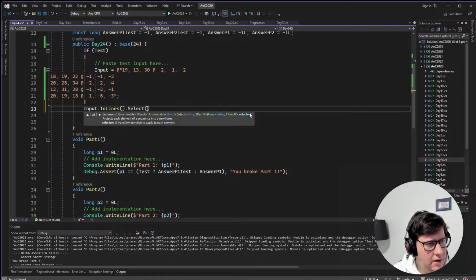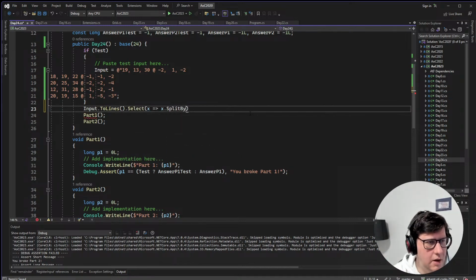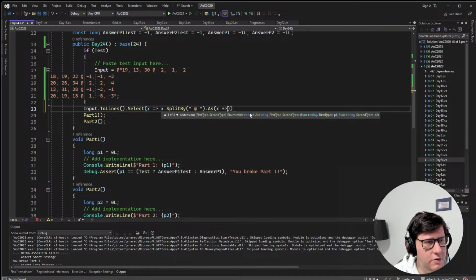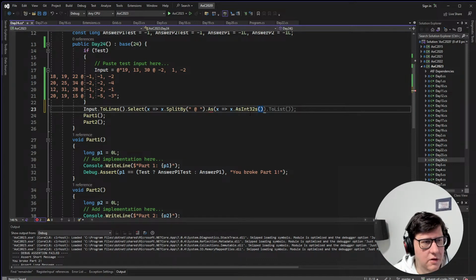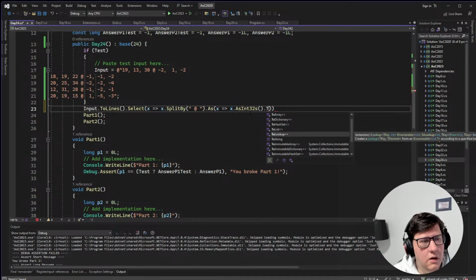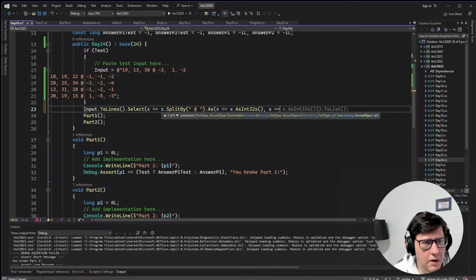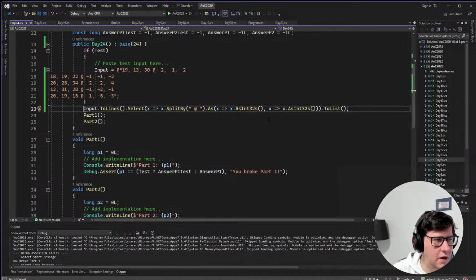And then we do select x, x dot split by, and this one will be like this. The first one will be x dot as int 32s. Is this enumerable? No, it will already be a list, so that is fine. And then we do this again, and now we have it parsed.